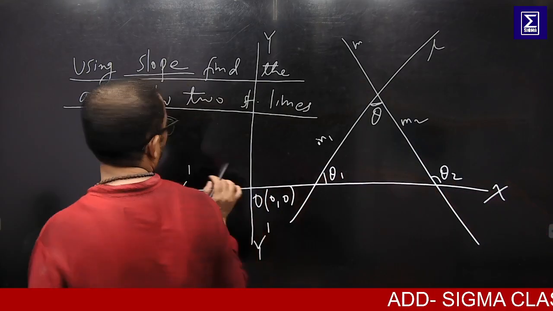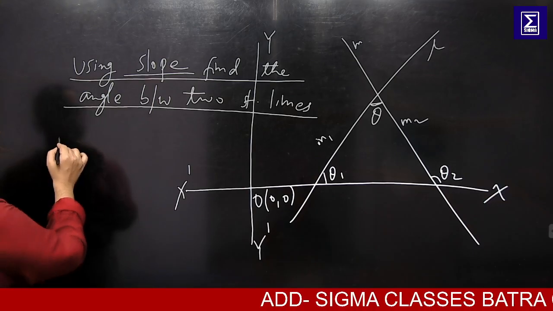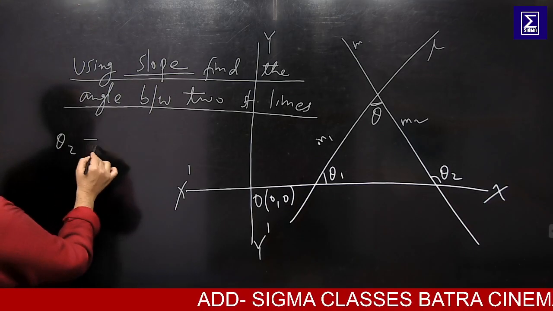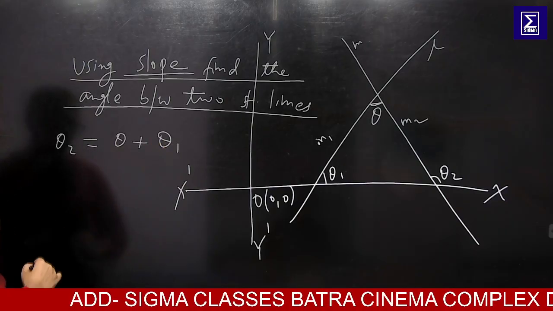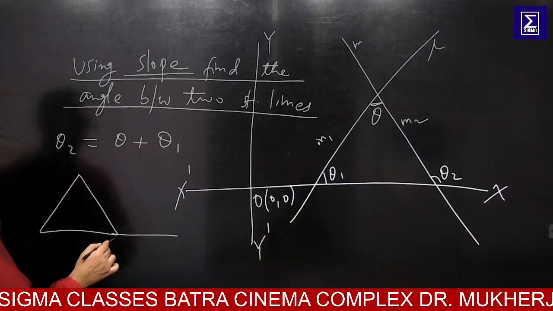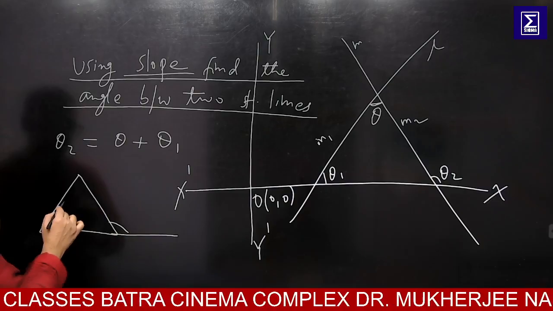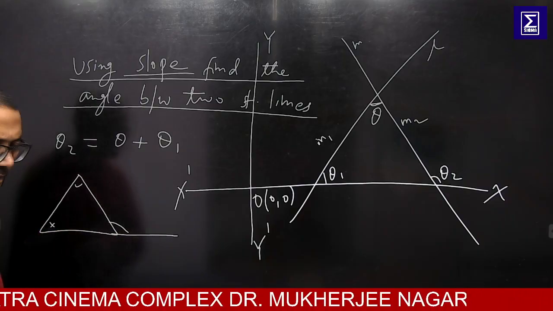So here, tell me one thing. Can you write here theta 2 is equal to theta plus theta 1? Basic trigonometric formula: the external angle is equal to the sum of the 2 internal angles. Are you aware of this?